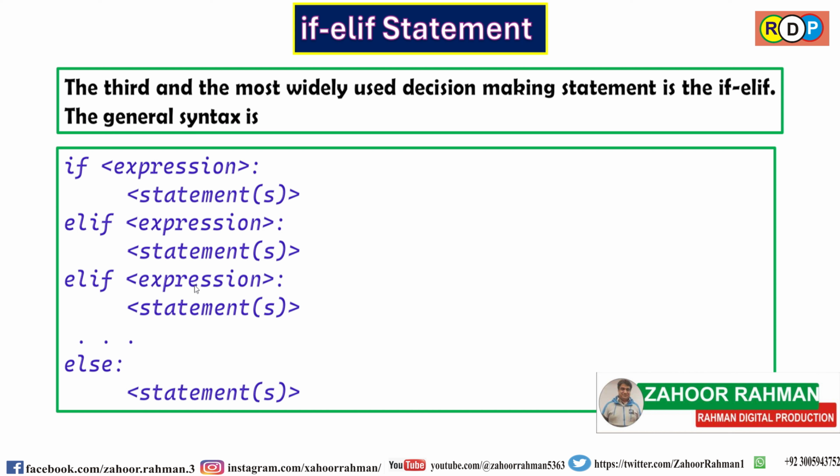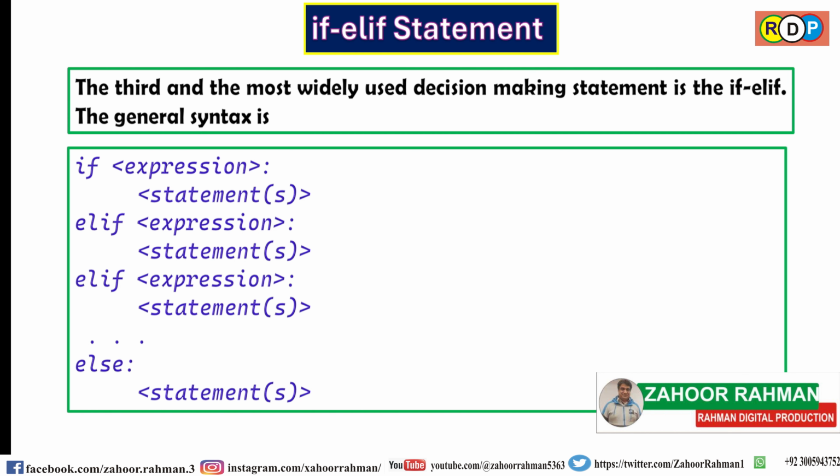But by any means, if all the conditions are false, then it will directly go to the else part of this if statement, and the statement or a group of statements will be executed. Remember that the else part, if there is one, will always be executed if the conditions above are false.